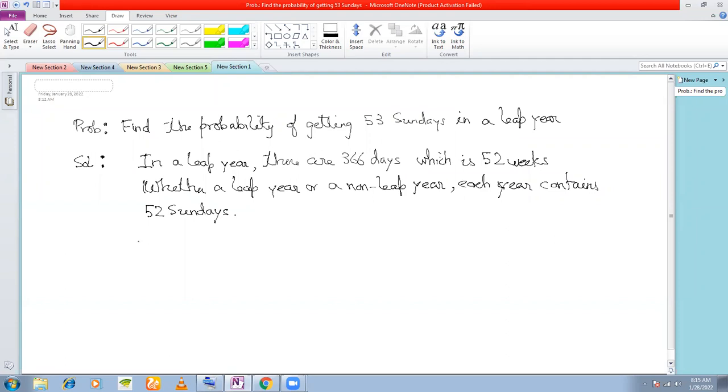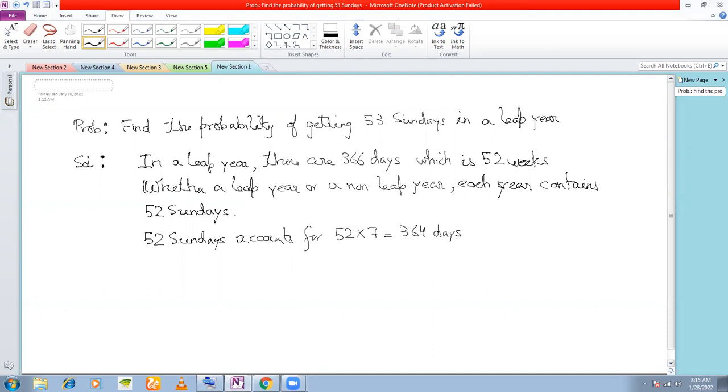But we are looking for a leap year which has 53 Sundays. 52 Sundays means how many days have gone? 52 into 7, which is 364 days.